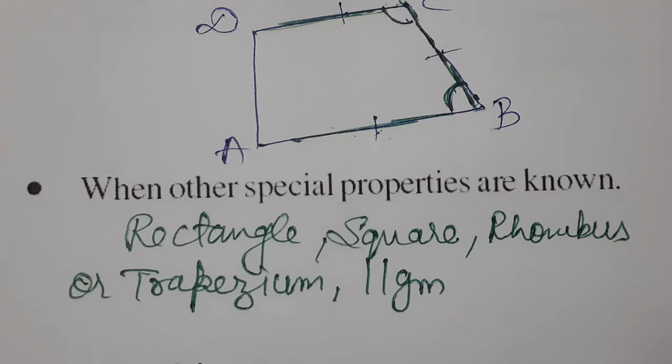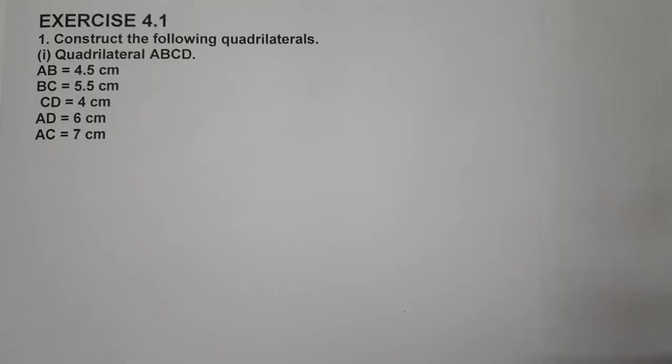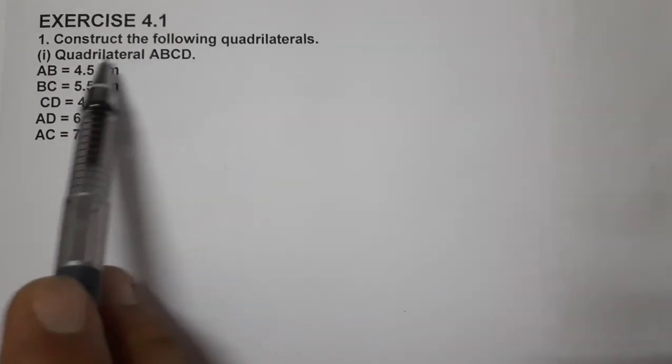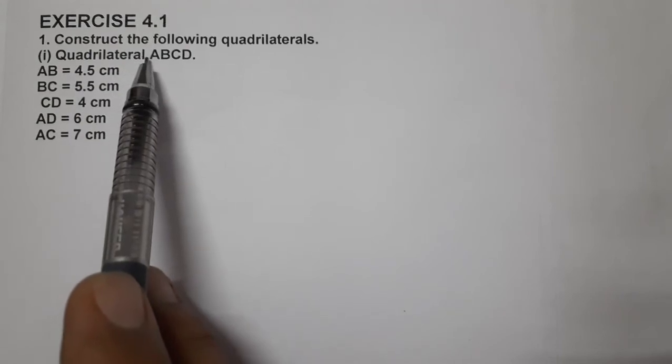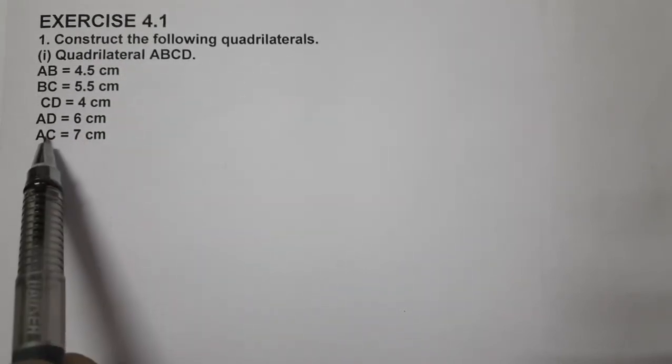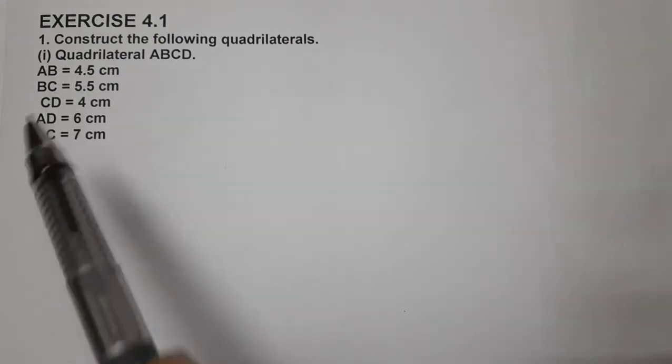So let's start exercise 4.1 and construct the first question. Question number 1 is: construct the following quadrilaterals. Quadrilateral ABCD, and the measurements are given to us: four sides and one diagonal.